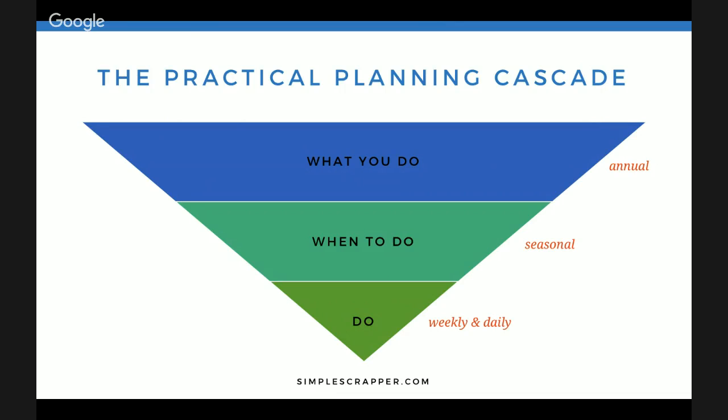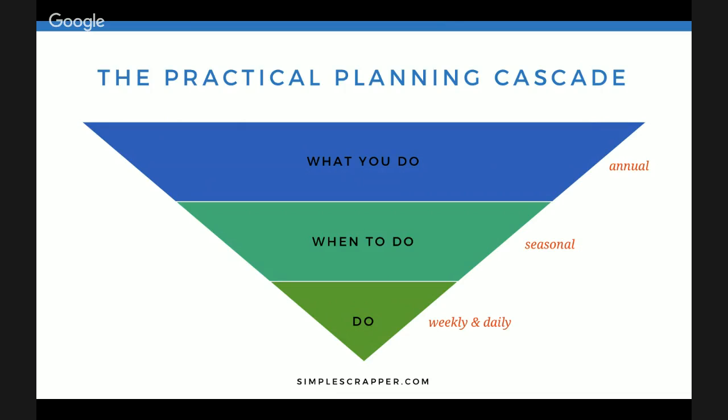And then it's that weekly and daily planning, when you're actually looking at a calendar or a weekly schedule or a daily agenda and determining where scrapbooking fits in my life right this moment. When you have the larger projects in mind, you'll know the individual tasks that should go on your weekly and daily list, instead of just saying work on Project Life or work on album.